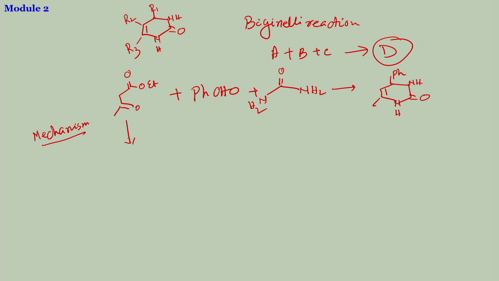First, this forms an enolate. This is basically a carbonyl compound which has alpha hydrogen. So, that will form the enolate structure.